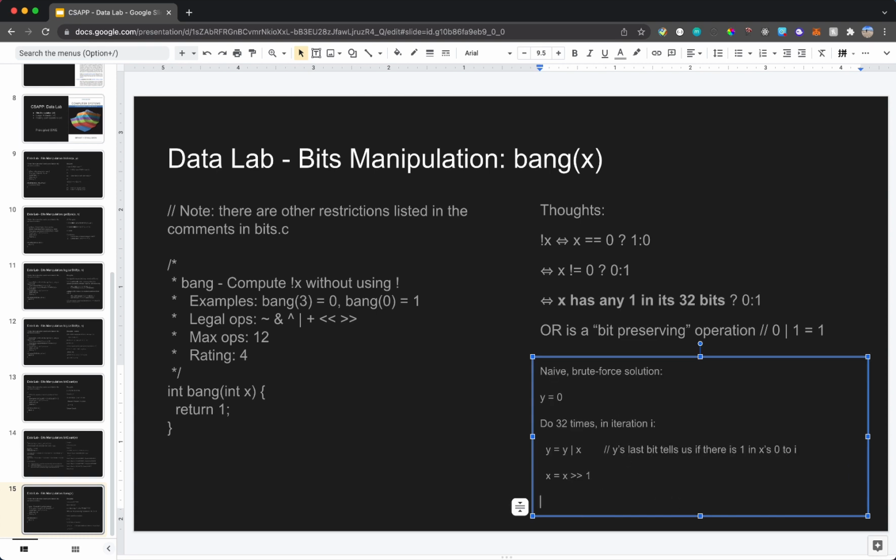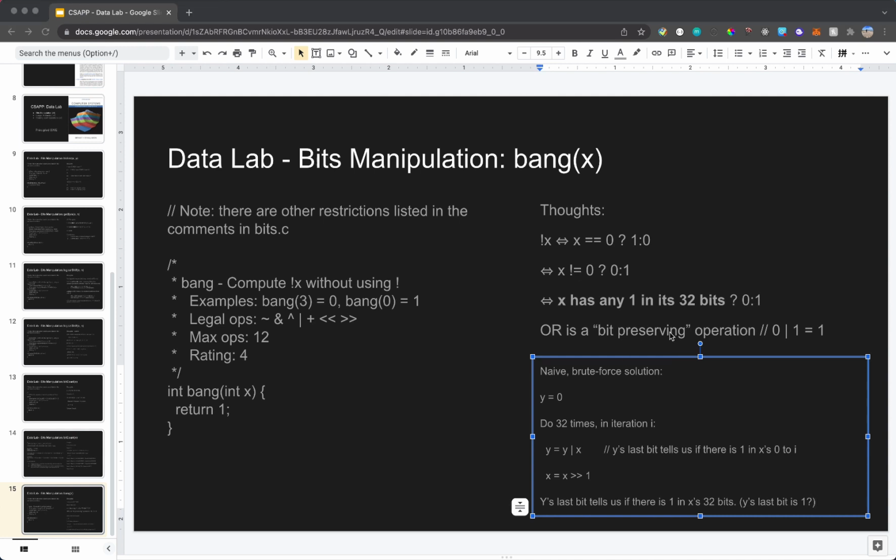At the end here, y's last bit tells us if there is a 1 in x's 32 bits. In other words, if y's last bit is 1, then x has a 1 in it. Otherwise, x doesn't have a 1 in it.